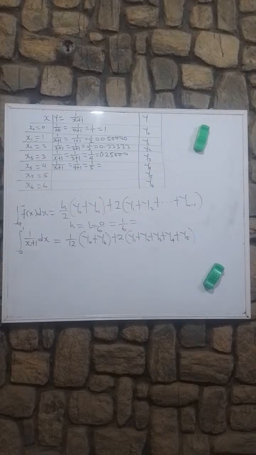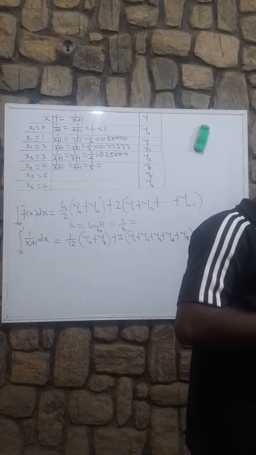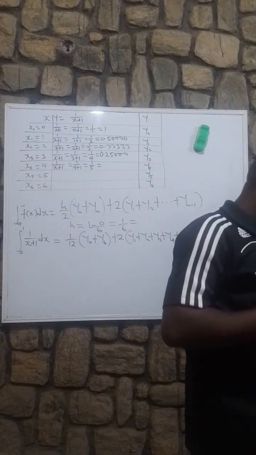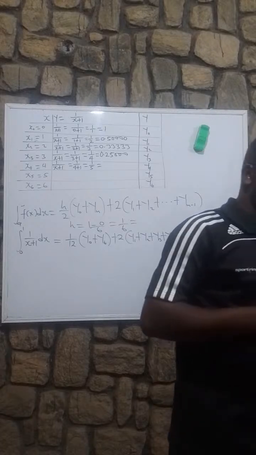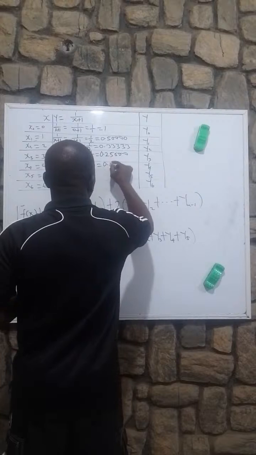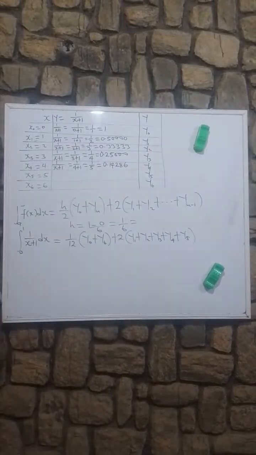One all over 5 will give us 0.14286, right?